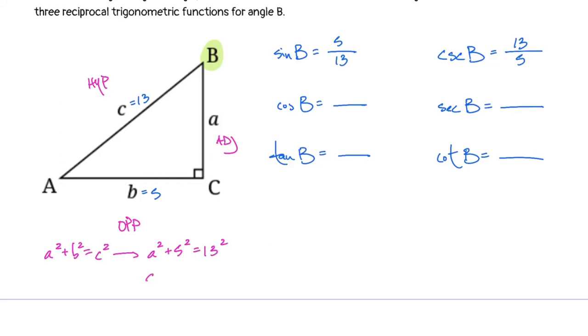And we get, let's see, A squared plus 25 equals 169. I think that gives us A squared as 144, which means A equals 12. Okay, so we could do this the long way, plug it into the Pythagorean theorem. That will always work for us.